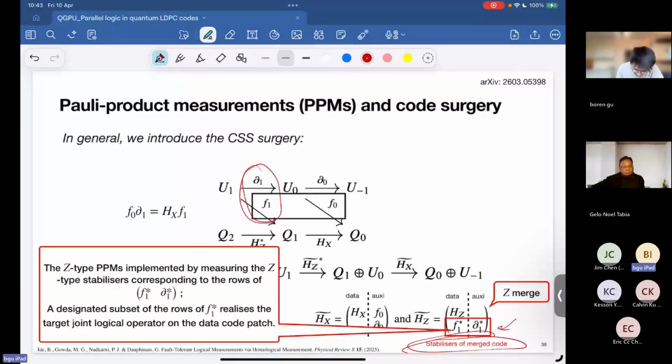And as you see, there's an intersection between the data physical qubits and these extra rows. So the measurement on the logical operators, or the PPM that we want to realize, are located at this intersection regime, or are realized by product of rows of F1 star.